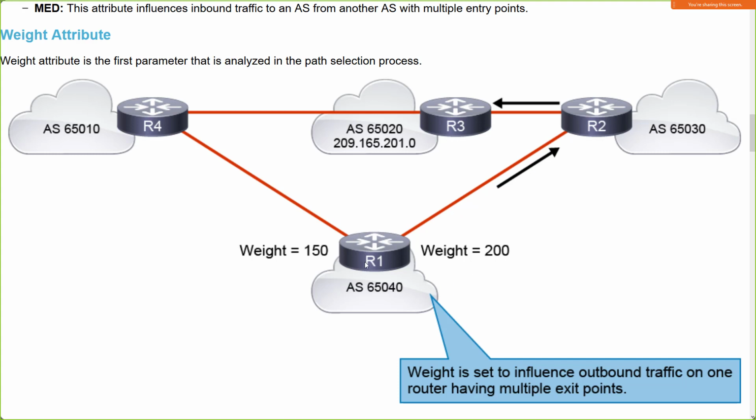This basically influences how router 1 decides to route to that destination. AS path would be a tie, wouldn't it? Because this AS path is the same length as this AS path. So in this case, if I wasn't using weight and I wasn't using local preference, I would have to get down to some of those tiebreakers to make my routing decision. All right.